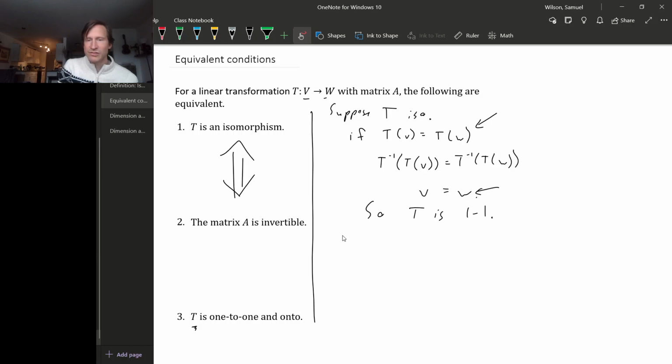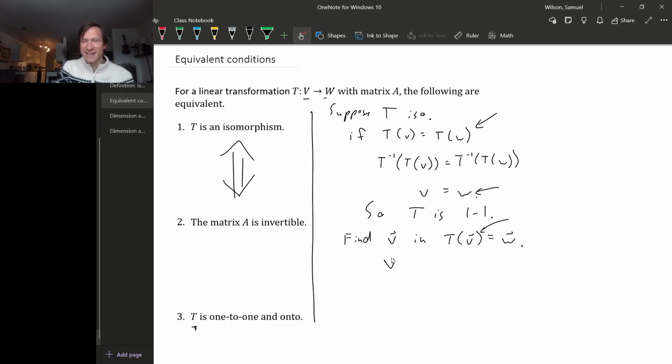So let's find V in this equation, T of V equals W. Being onto means that there is always supposed to be some vector V, no matter what the vector W is. Well, we can guess what V is supposed to be. Remember, we have access to an inverse for the transformation T. So how could we get that inverse in contact with T?